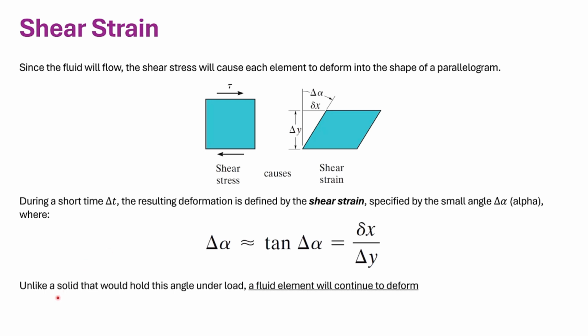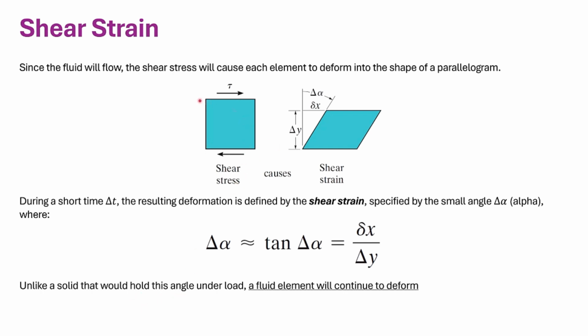And unlike a solid that would hold this angle under load, a fluid element will continue to deform. This is very important. When you have a solid object and you apply shear stress on it, when you release the force, the object will go back into its original shape. But for a fluid, it's not the case.